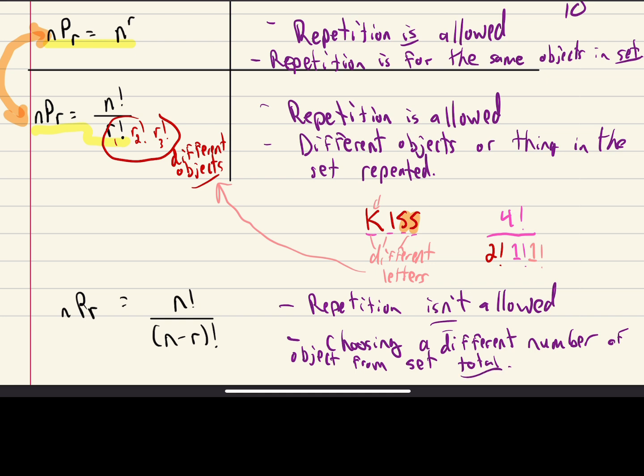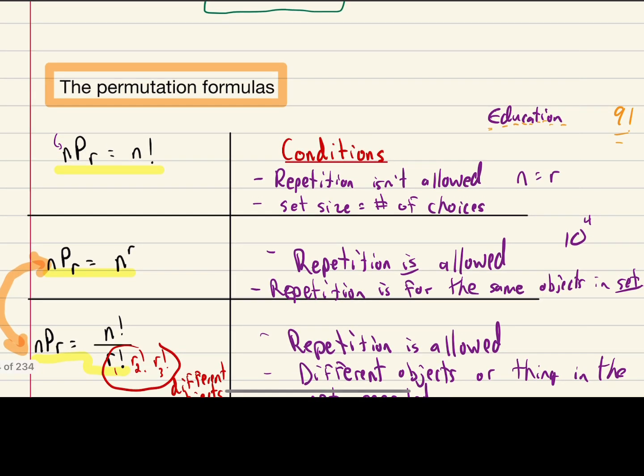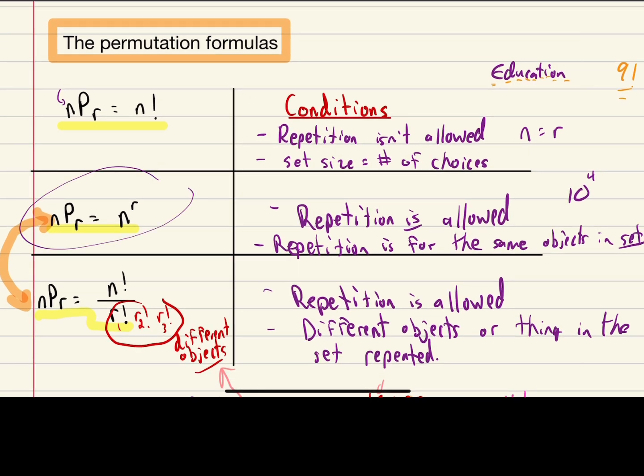Let's say I have 10 colors and I only want, let's say, 4 of them again. And repetition isn't allowed. Now, if repetition is allowed, then I would go to this formula over here, right?